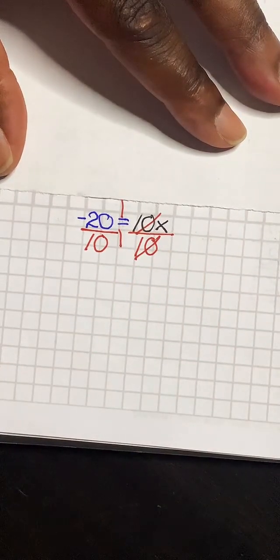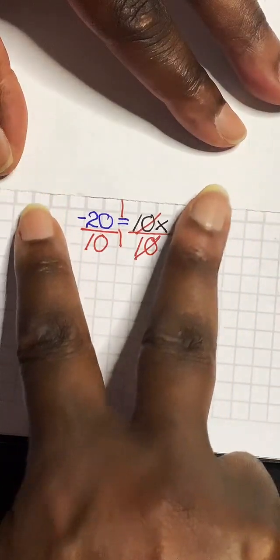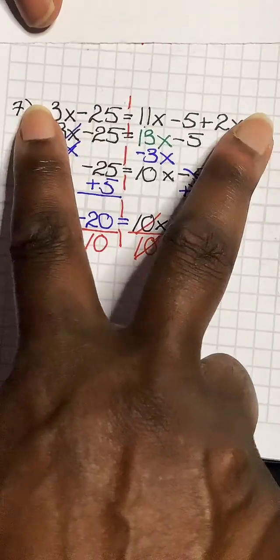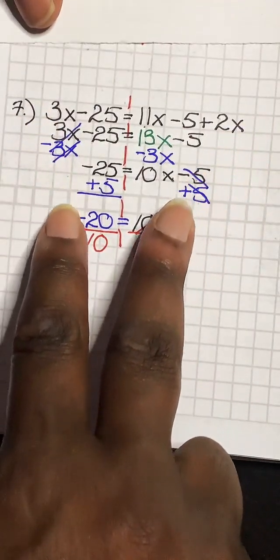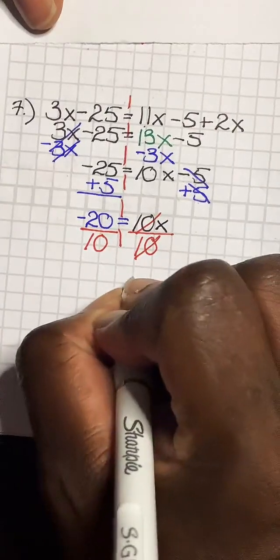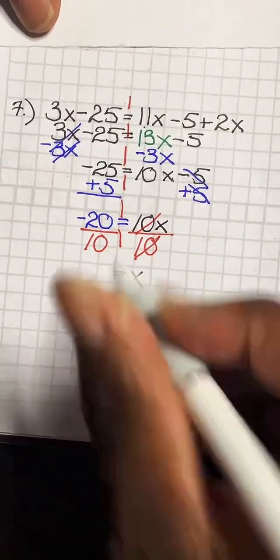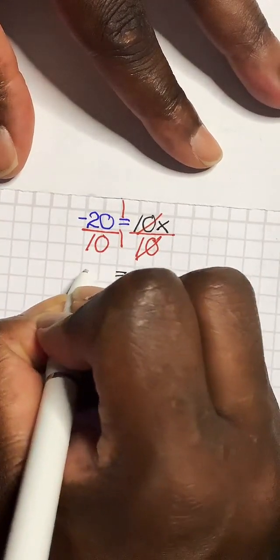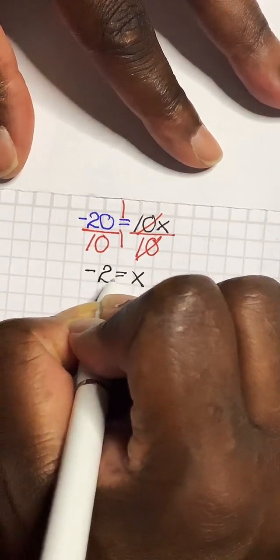Okay, remember, we're trying to filter everything down. It's like a funnel. We start very massive, large, and then we slowly bring it down to our final answer, which we have our x, and then negative 20 divided by a positive 10 gives me a negative 2.